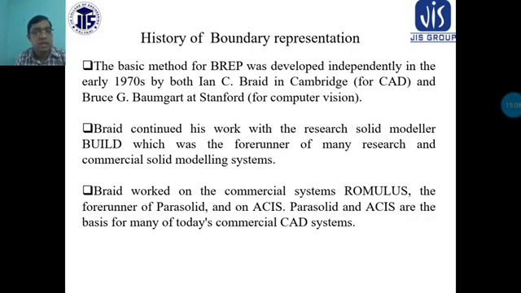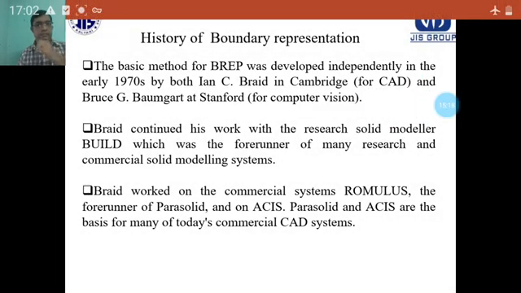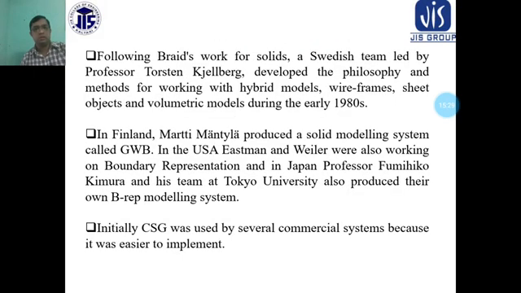Parasolid and ACIS are the basis for many of today's commercial CAD systems.